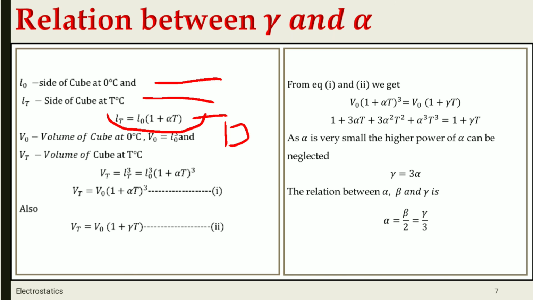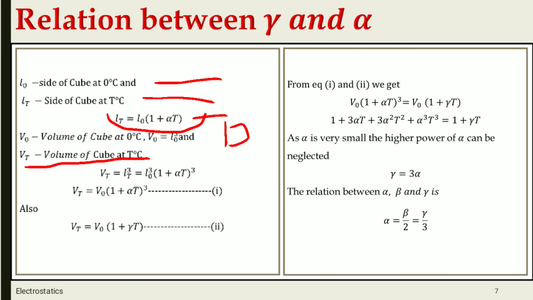Now V0 is the volume of the cube at 0 degrees Celsius. V0 is equal to L0 cube, that is volume of a cube is equal to its length cube, and Vt is the volume of the cube at T degree Celsius.